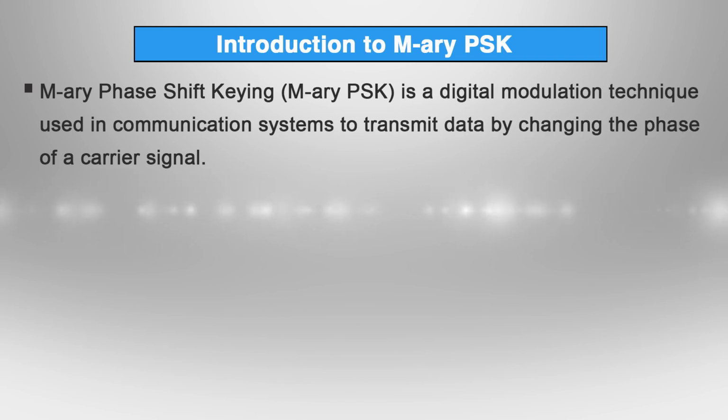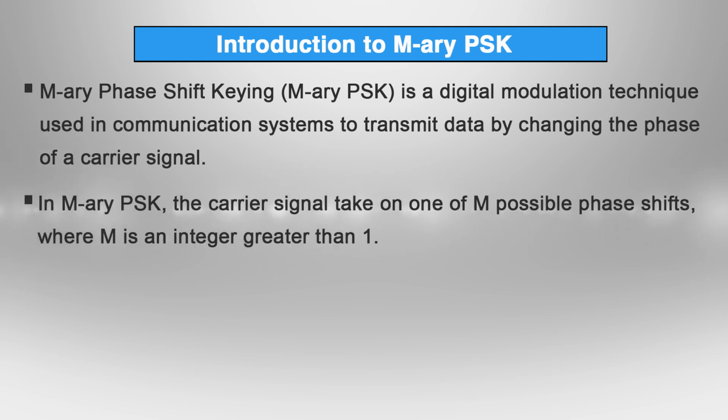M-ary phase shift keying, that is M-ary PSK, is a digital modulation technique used in communication systems to transmit data by changing the phase of the carrier signal. In M-ary PSK, the carrier signal takes on one of M possible phase shifts, where M is an integer greater than 1.